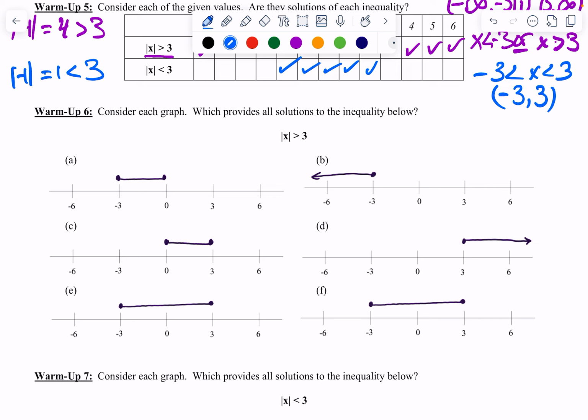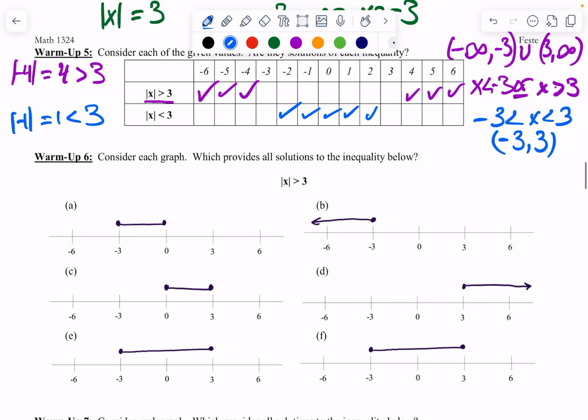So this is how we're going to be doing this next warm up, with the inequalities. So this one we actually just did. You have to choose which one is the correct solution. So absolute value of x is greater than 3.